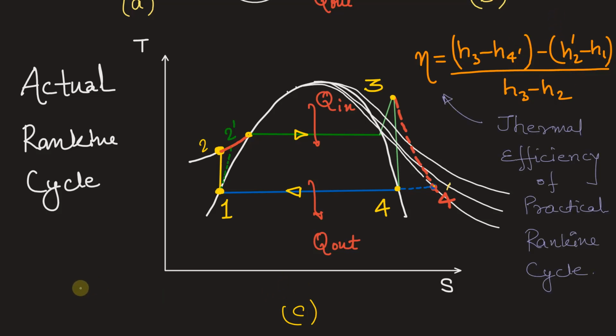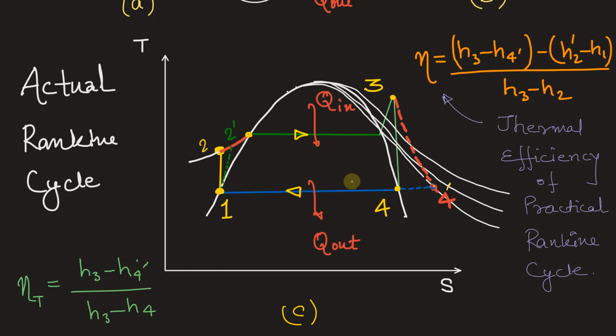The isentropic efficiency of the turbine is written as eta T equals the work done by the actual turbine, that is 3 to 4 dash, divided by the work done by the isentropic turbine, that is 3 to 4. So we write H3 minus H4 dash divided by H3 minus H4. This is 4 dash.